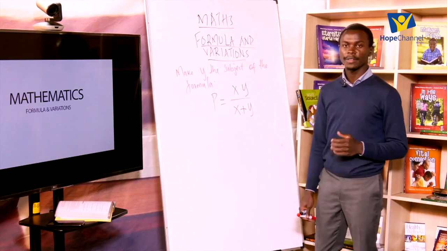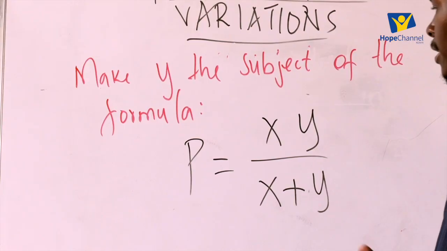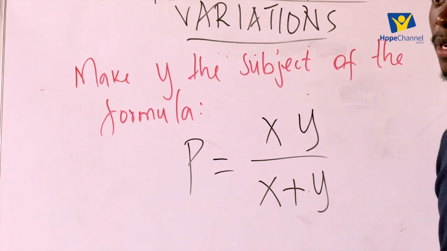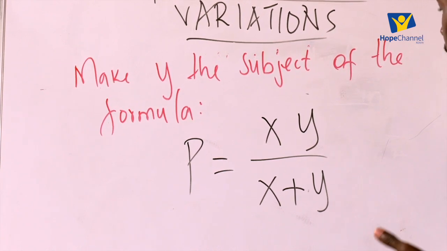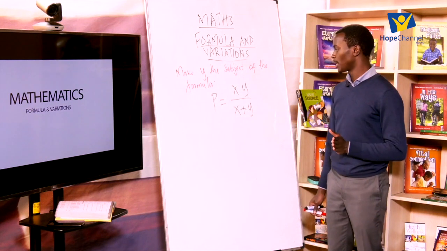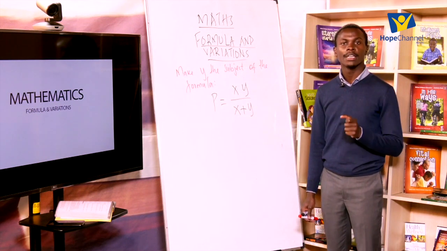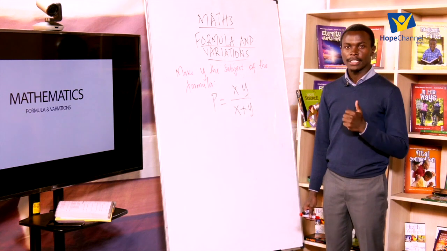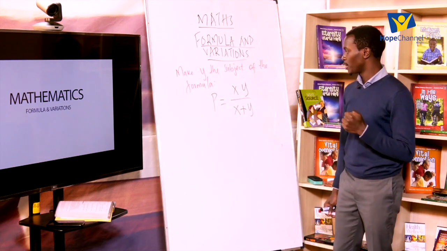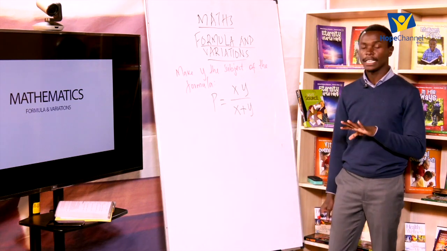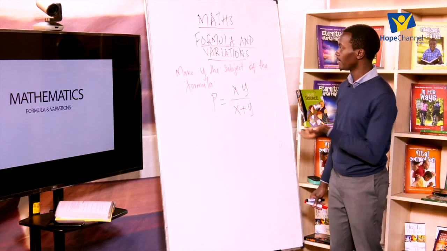Be sure to follow the steps that we've done by cross multiplying now, because this one does not have a power or a square root elsewhere. So we're going to simply do the correct multiplication and then correct division and everything, so that you get the correct answer for y.